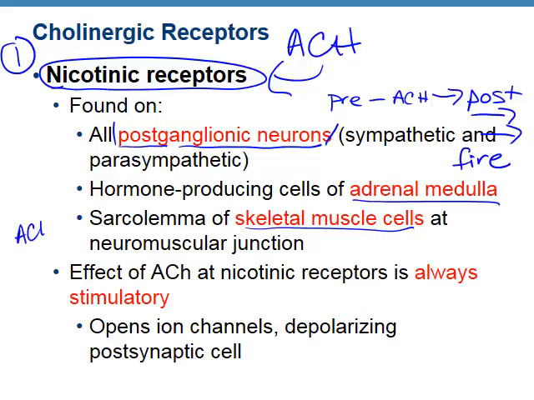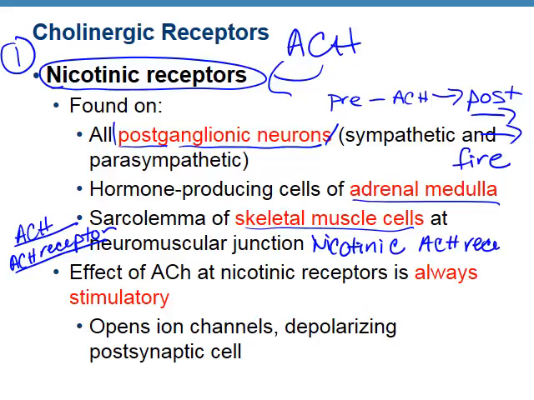Remember that acetylcholine binds to the acetylcholine receptor when we talked about muscle contraction, but we didn't tell you what type of receptor. We're telling you now. It's a nicotinic receptor. Nicotinic acetylcholine receptor, if you want to be very specific. The effect of acetylcholine at nicotinic receptor is always stimulatory.